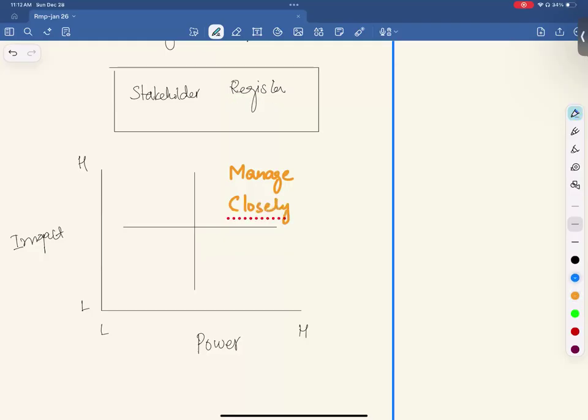Stakeholders with high power, sorry, this is interest. You can take it as interest. Stakeholders with high interest and low power, we keep them informed.